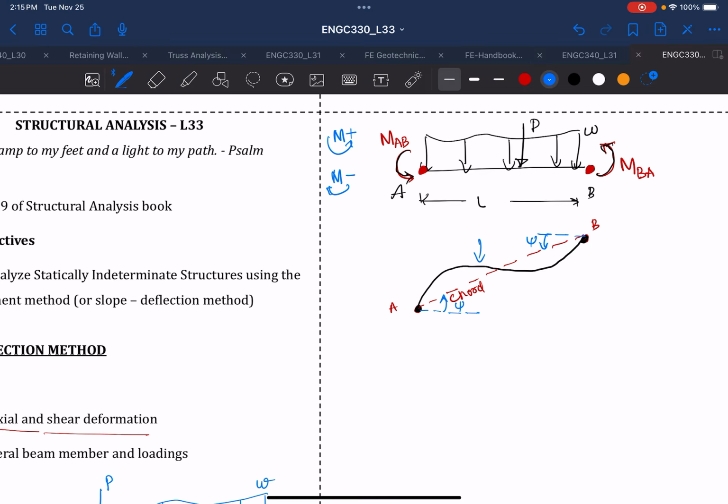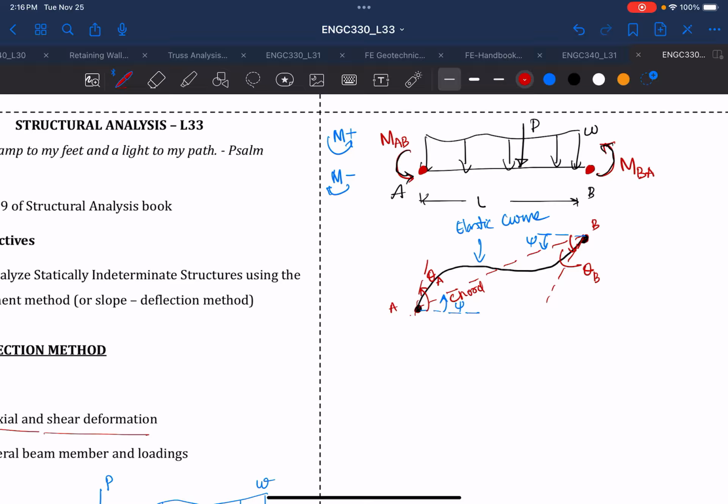And this is called the elastic curve, which means that it is linear, in the elastic range. Then if we draw a tangent at point A, that angle we will call theta A. And if we draw a tangent at point B, this angle with respect to the horizontal will be the tangent or slope at B.